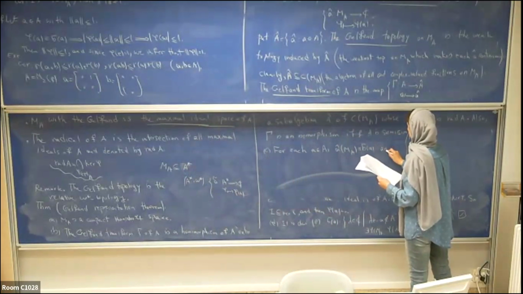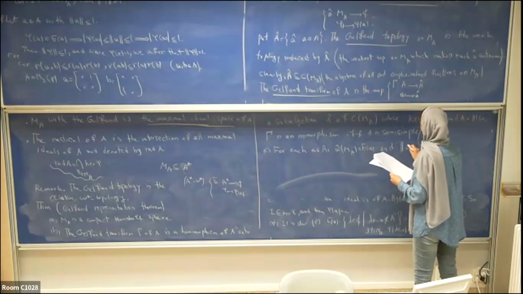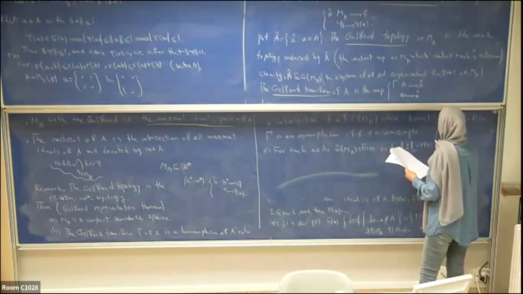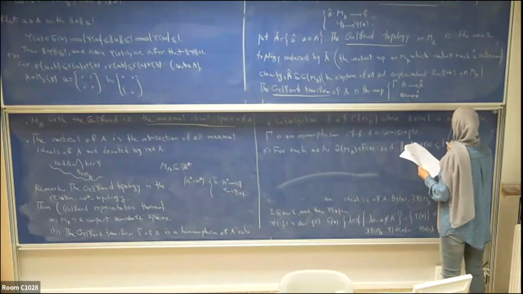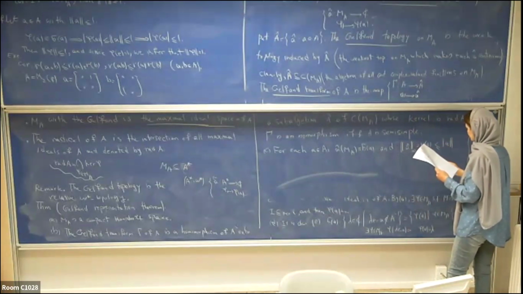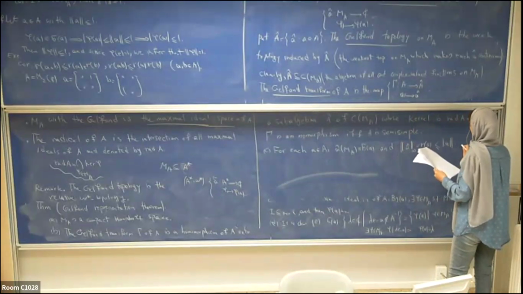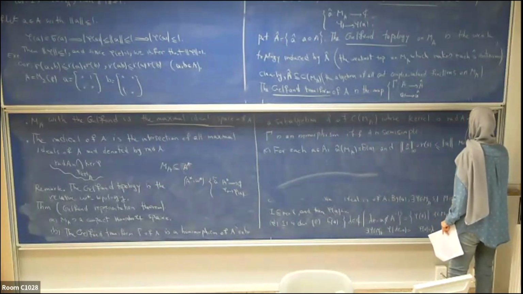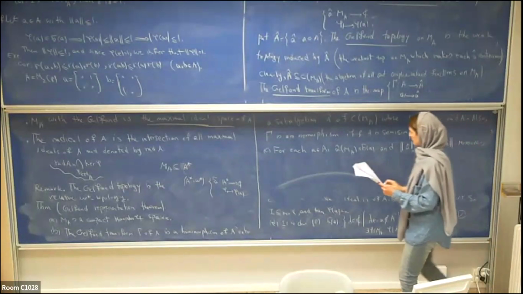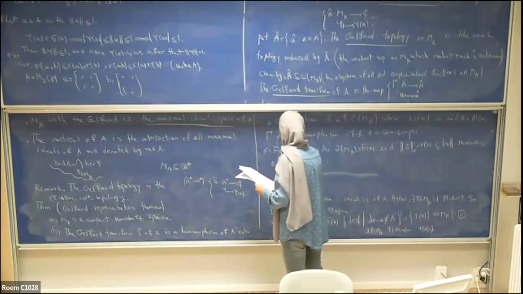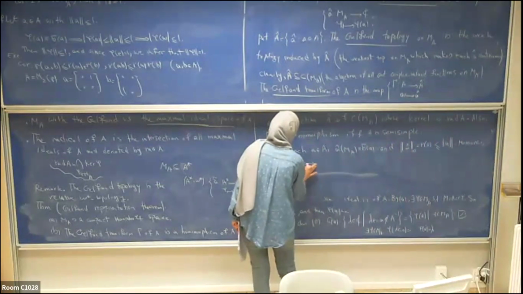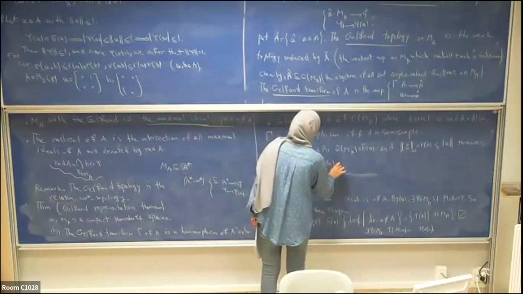And so the supremum norm of a hat is the spectral radius R of a, and this is at most the norm of a. We know that. Moreover, a is in the radical of A if and only if R of a is 0.